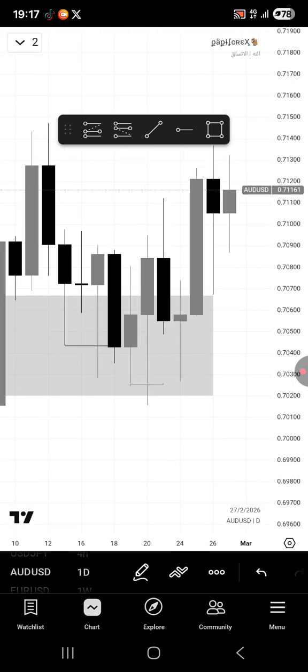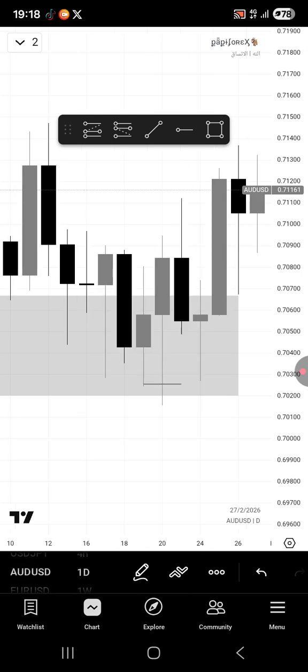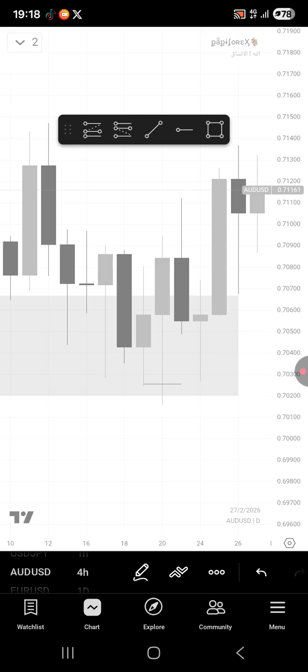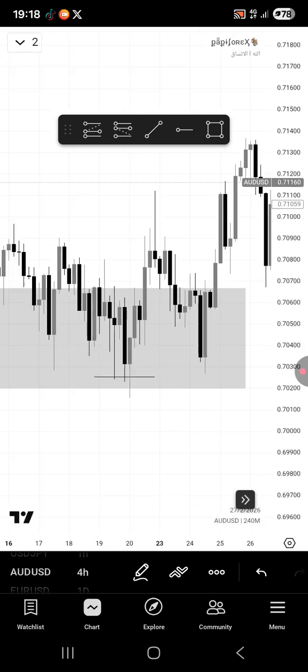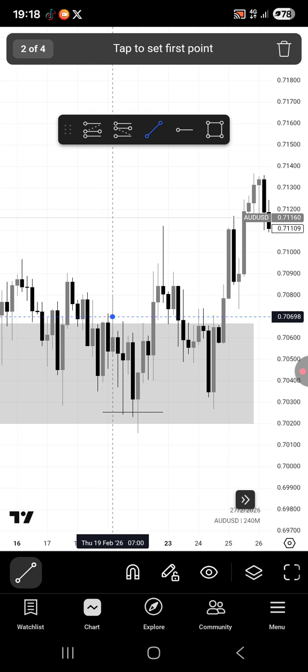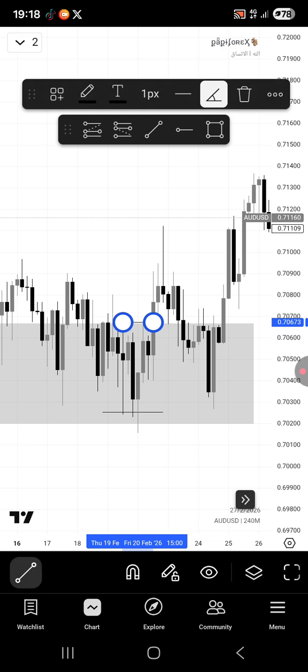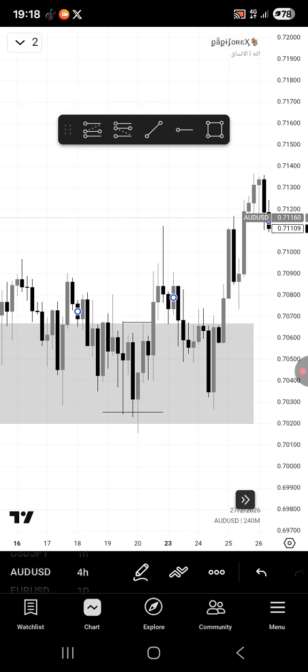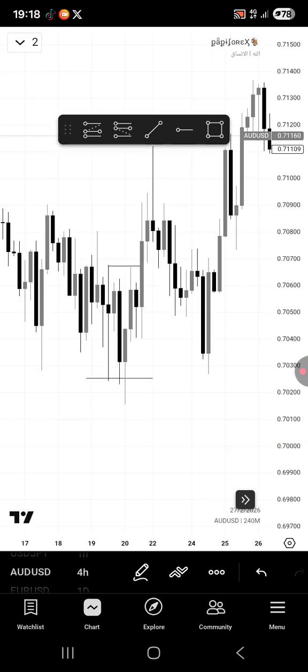So after it swept this low here, it gave a market structure shift for my 4 hours. So for my 4 hours, I mapped my market structure shift at this area. Let me remove this box. So I mapped my market structure shift at this area here.